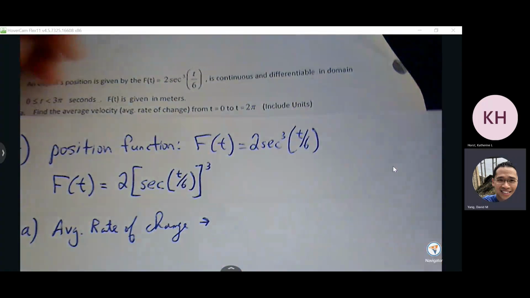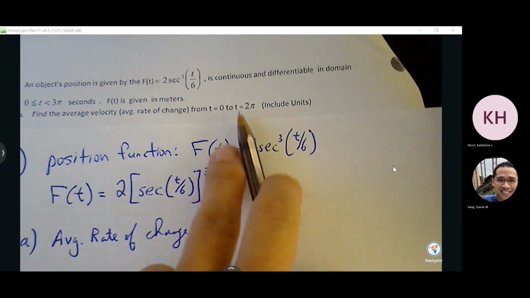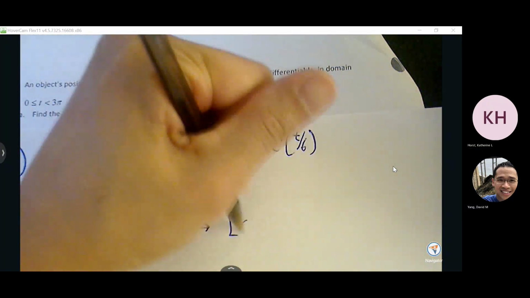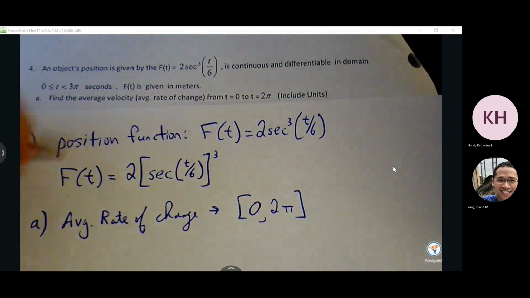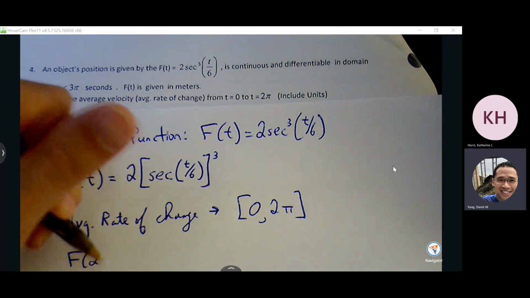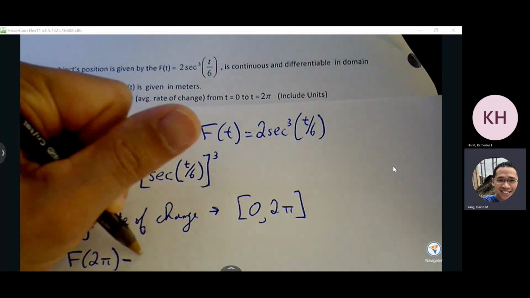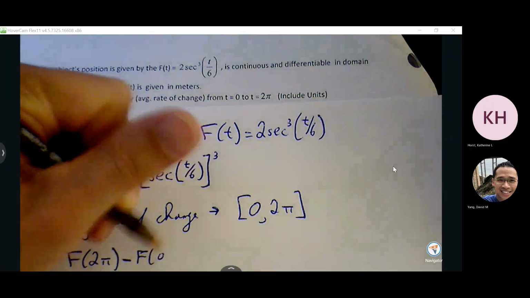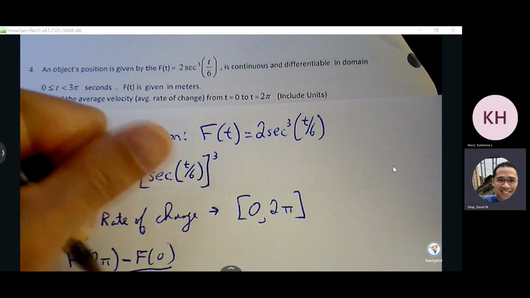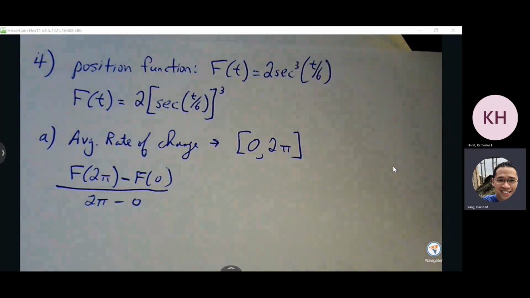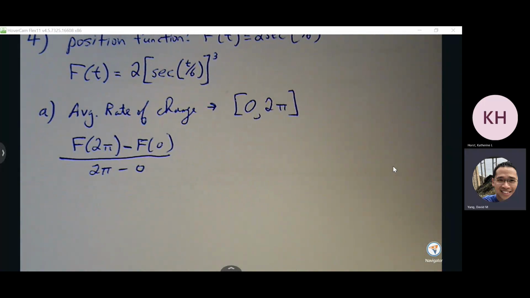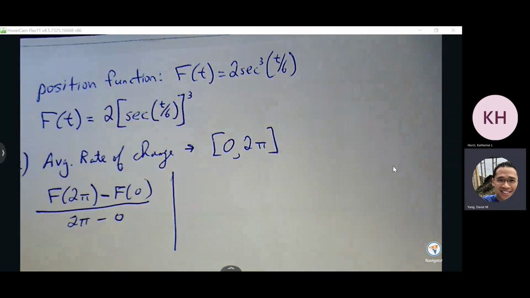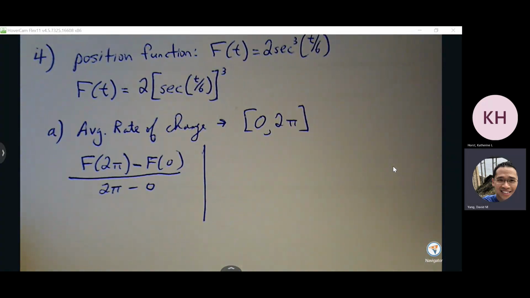So average rate of change between 0 and 2 pi, we're going to do f of 2 pi minus f of 0 over 2 pi minus 0, right? Just change in value over change in time. That's rate of change, or another word, slope. So that means we have to find the endpoints so that we can actually plug this in, right?